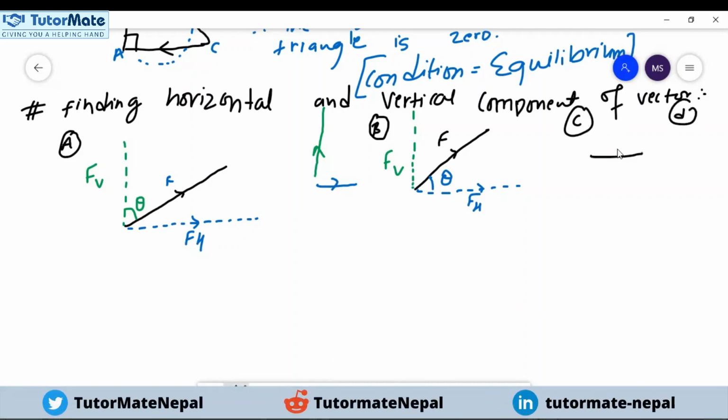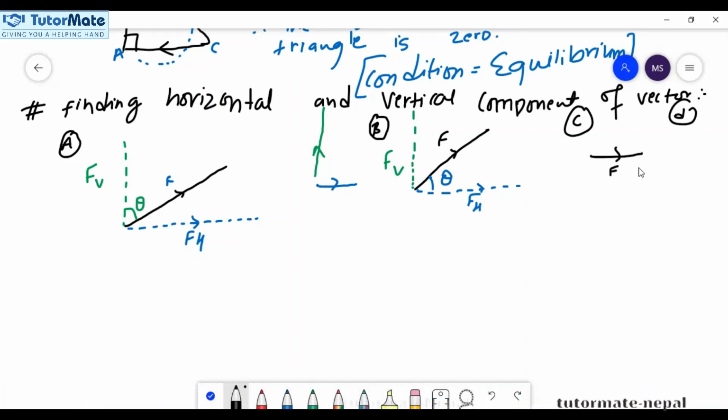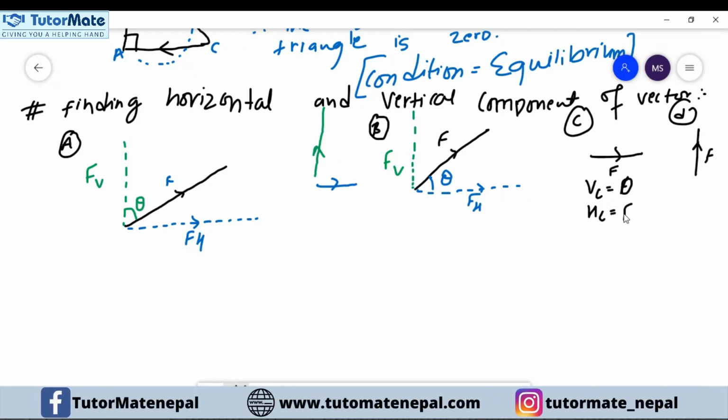So in C, this is the force moving in the horizontal direction, and in D, this is the force when an object is moving in the vertical direction. So for C, the vertical component is F, but I'm sorry, it's not F, it is 0 actually. Sorry for that. The vertical component is 0, but the horizontal component is F Newton, right?